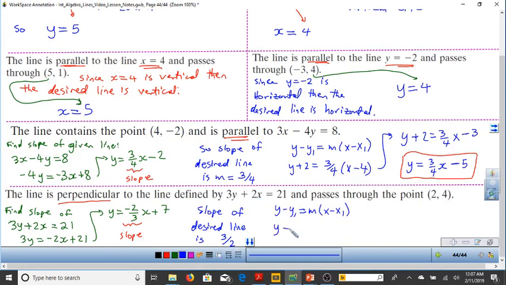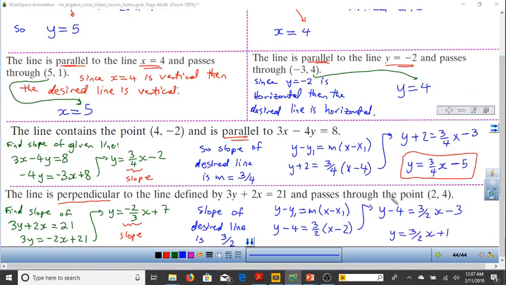So y minus 4 is equal to 3/2 times x minus 2. We distribute the parentheses. We get y minus 4 is equal to 3/2 x minus 3. I add 4 to both sides. I get y equals 3/2 x plus 1. And that's the equation of the line we want.